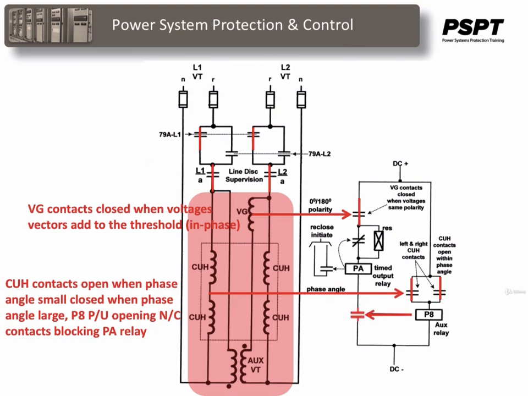The CUH contacts open when the phase angle is small, close when the phase angle is large. P8 then picks up, opening the normally closed contacts, blocking the PA relay.